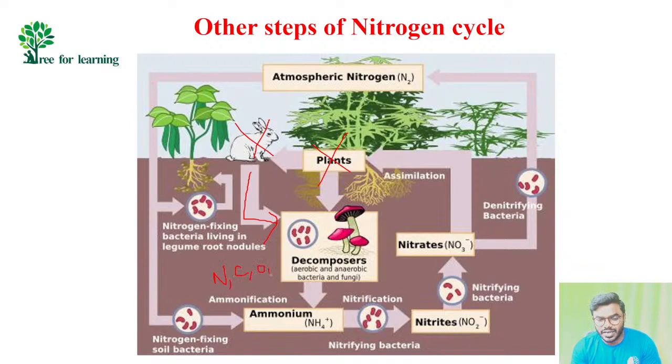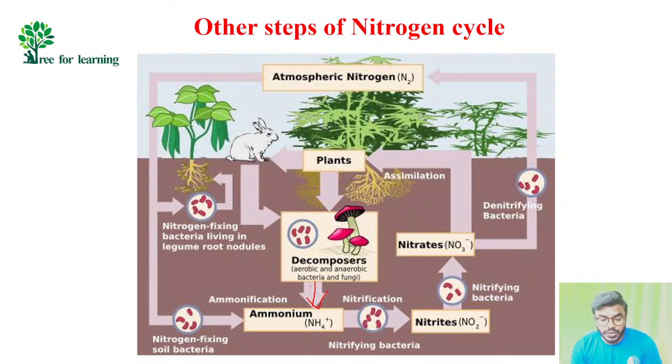Carbon, oxygen, nitrogen, hydrogen, right? Now understand my words. Decomposers also will take the nitrogen, however much they require. However much nitrogen they require, they will use it. What about the remaining nitrogen, friends? This is the important step. The remaining nitrogen can be fixed in the soil.